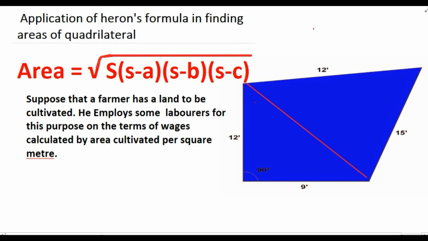He can divide this quadrilateral into two parts, and if he knows the measurement of this side, then he can find the area of this triangle using Heron's formula. Similarly, the area of the second triangle using Heron's formula, and he can easily calculate the wage that has to be given to the laborers by area cultivated per square meter.